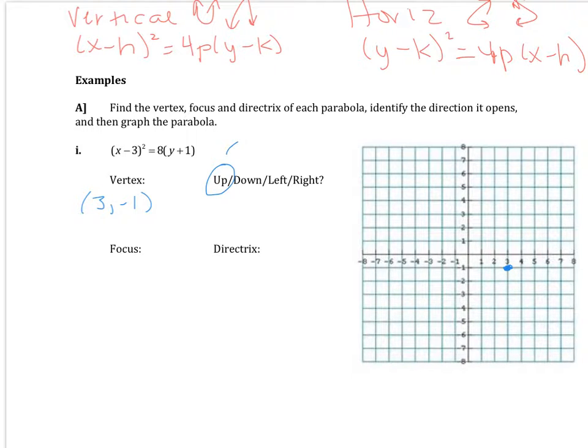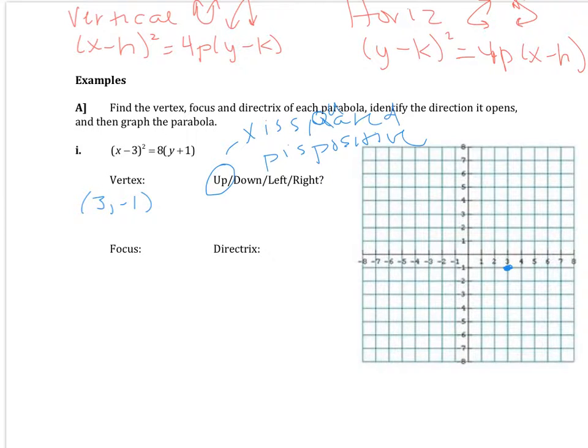So x is squared and p is positive, which tells us it's up. Again, that's all in that table on the first page of your notes.